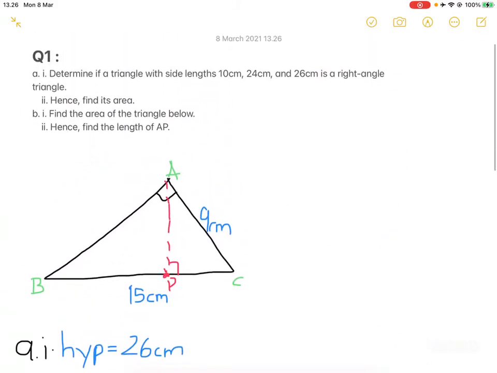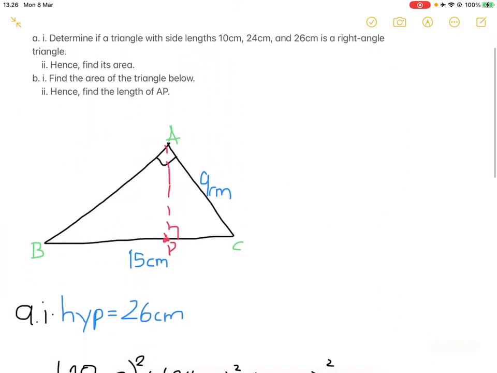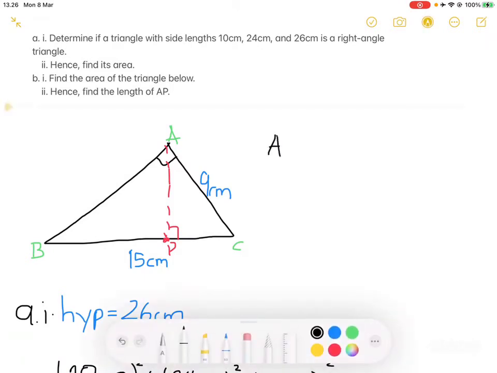For part B, we need to find the area of this. We know the area of the triangle will be a half times base times height. However, we're only given one of them. We need to find the other, and that's pretty simple. We can just use the Pythagorean theorem, and I'll just fast forward to this.